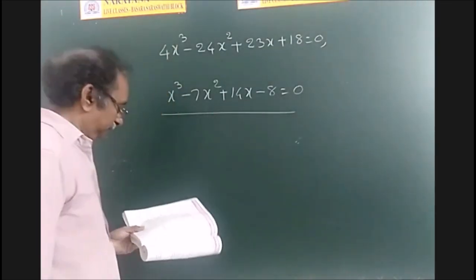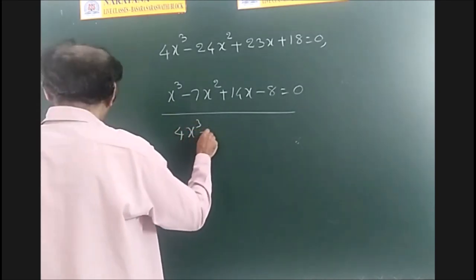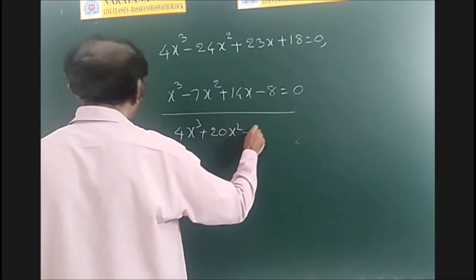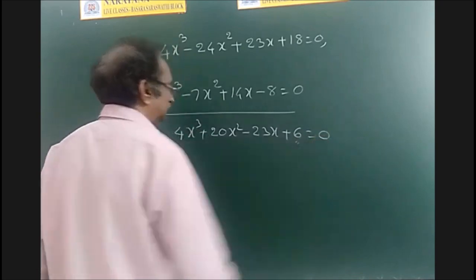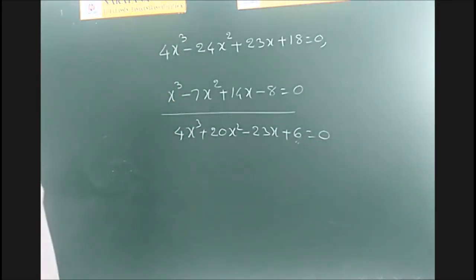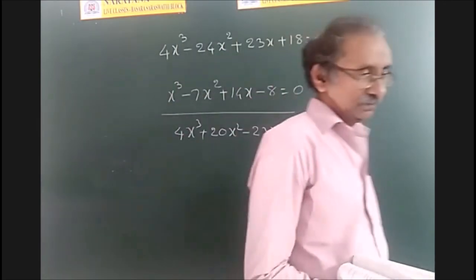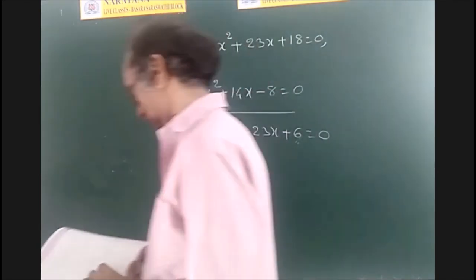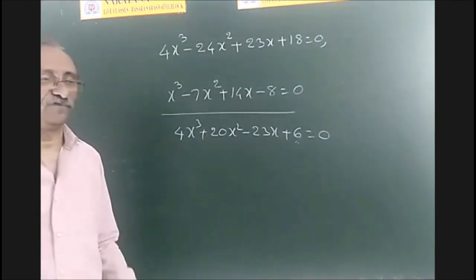And third one, solve the equation 4x cube plus 20x squared minus 23x plus 6 is equal to 0, given that two roots are equal. Find all the roots.